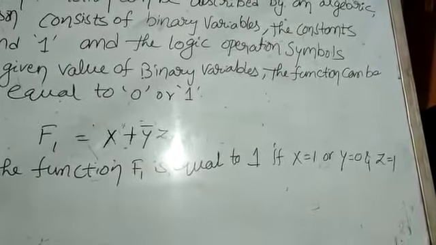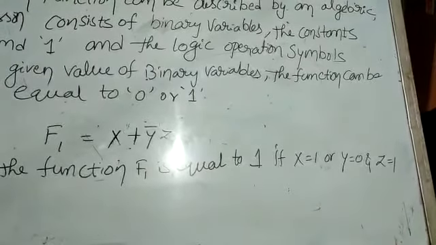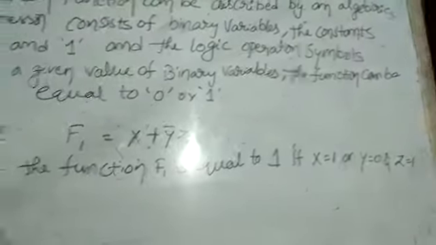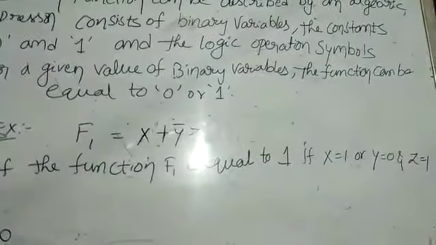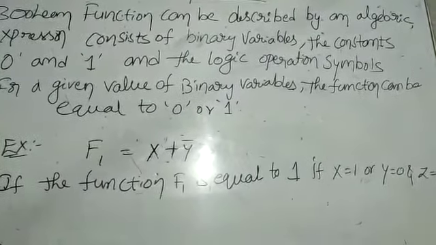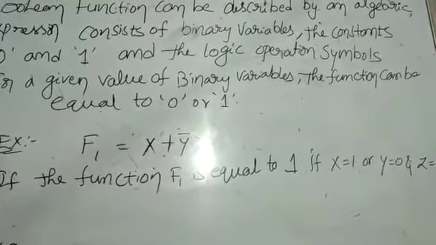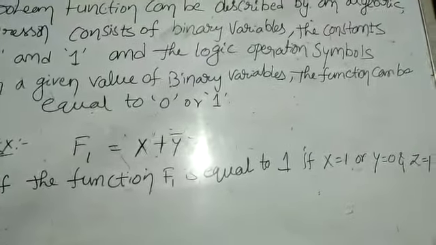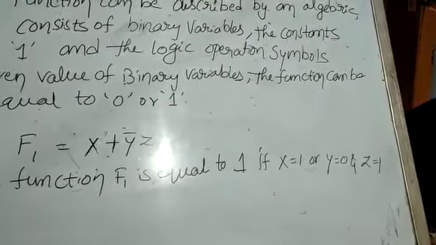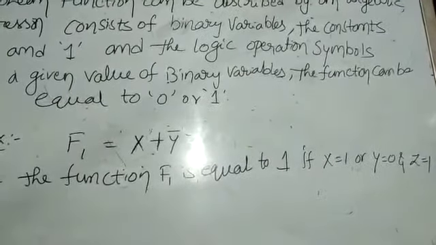Generally the possibilities are: if x is equal to 1, or y is equal to 0, or z is equal to 1, then only the function F1 is equal to 1. So if you consider x is equal to 1, we can substitute x is equal to 1, plus, here y is equal to 0. What is the symbol?